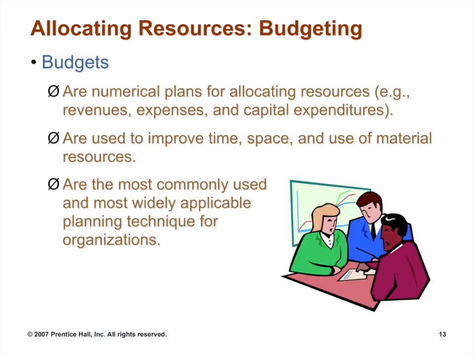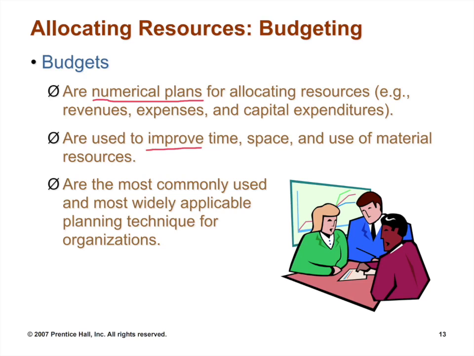Another type of allocating resources is budgeting. What about the budget? What is the budget? Budget is a numerical plan. Revenue, expenses, and capital expenditures are stated in the budget. They are used to improve time, space, and use of material resources.